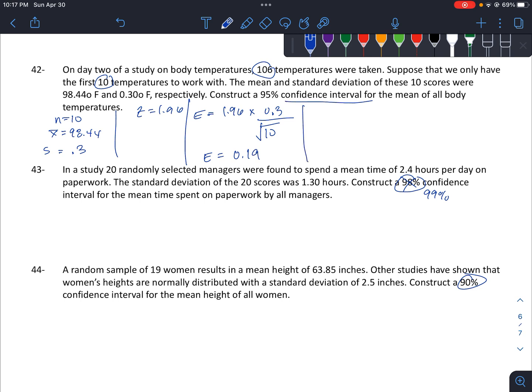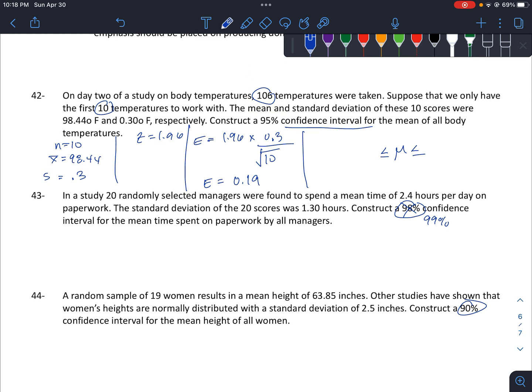Now for the confidence interval, you're going to say the actual mean, so the population mean, this is referring to the mean of this 106, the actual mean should probably be somewhere between, well, you're going to need to take the 98.44 and you're going to add the error, so 0.19, and then for the lower bound you're going to have to take the 98.44 and subtract the error.